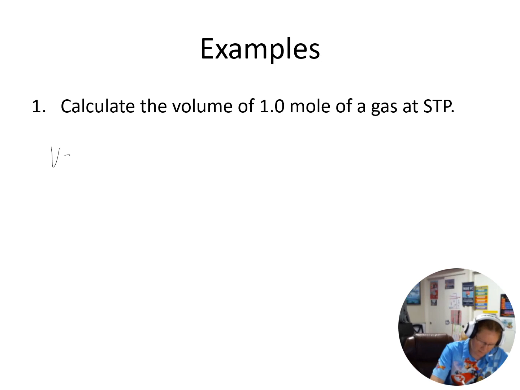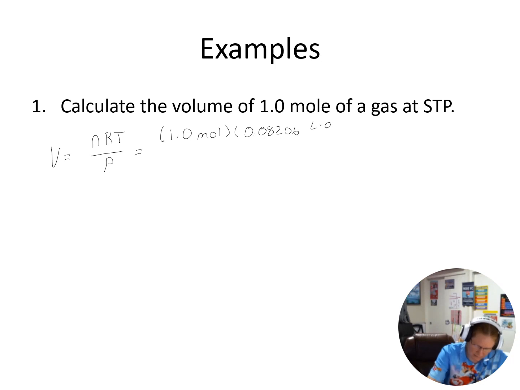So our volume is nRT over P. So at STP, we've got 1 mole. Okay, if we're working in atmospheres, we'll use our 0.08206 liter atmosphere per mole Kelvin.